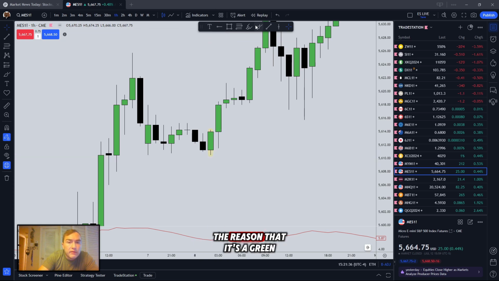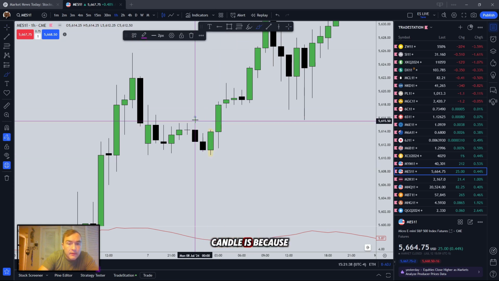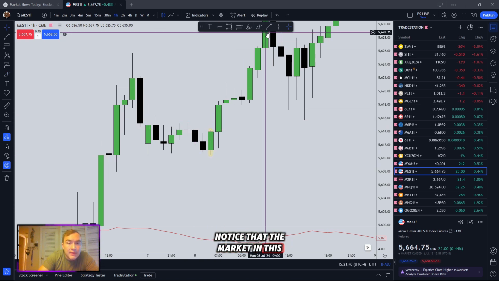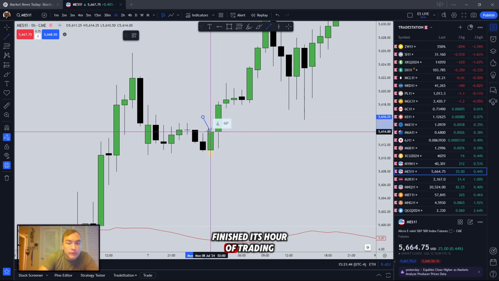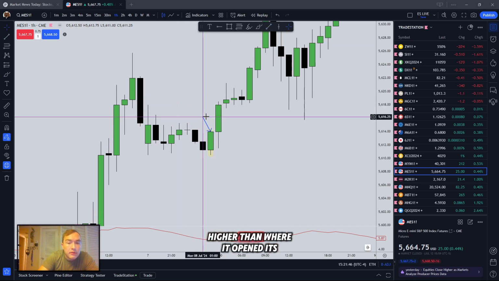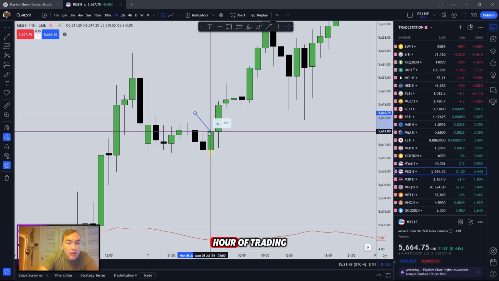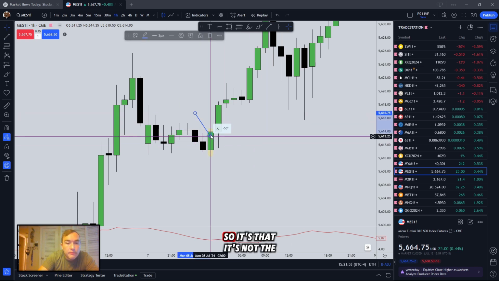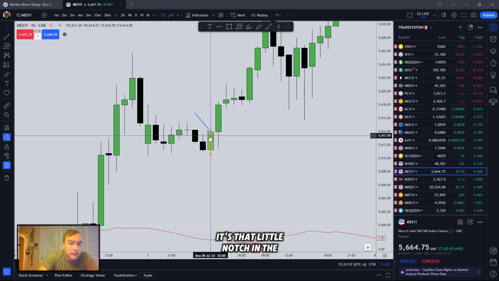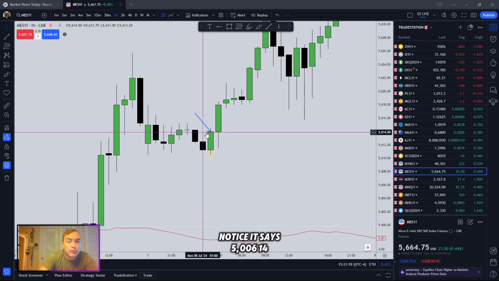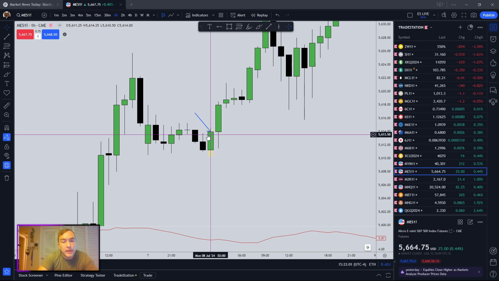Finally, guys, the reason that it's a green candle is because the market in this particular hour finished its hour of trading higher than where it opened its hour of trading. So the close is not the highest point of the candle, it's that little notch in the square. Notice it says 5,614.